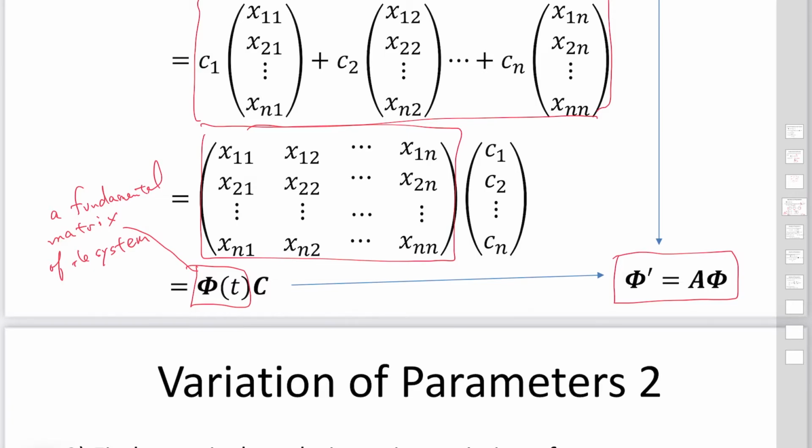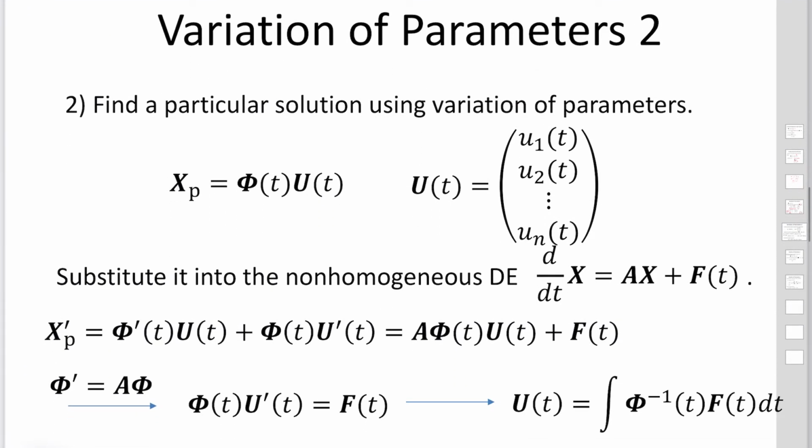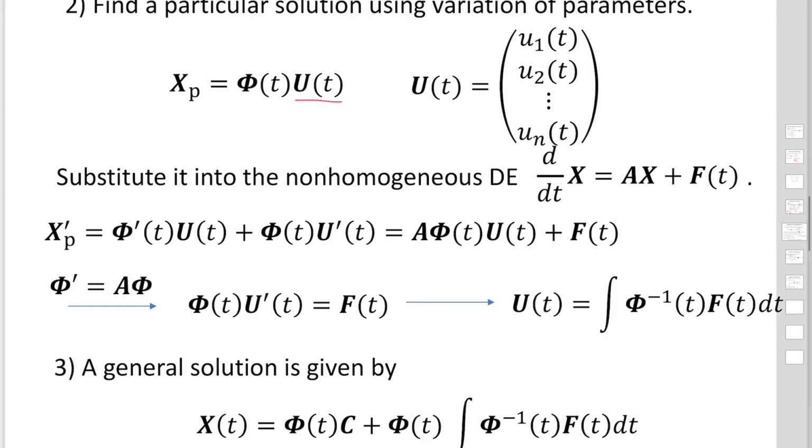In the second step, we find a particular solution using variation of parameters. The constant c gives the solutions of the homogeneous equation. So instead of c, we consider u, a function of t. Then substitute into the non-homogeneous differential equation.